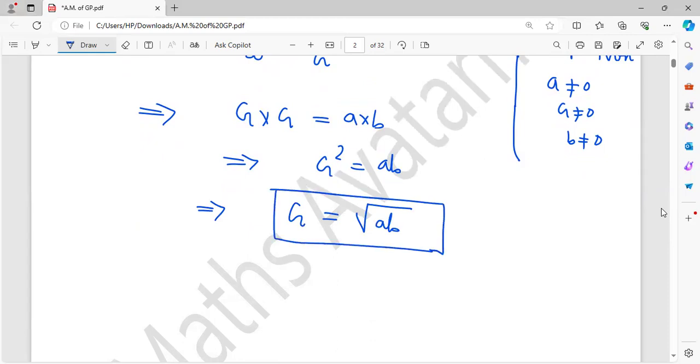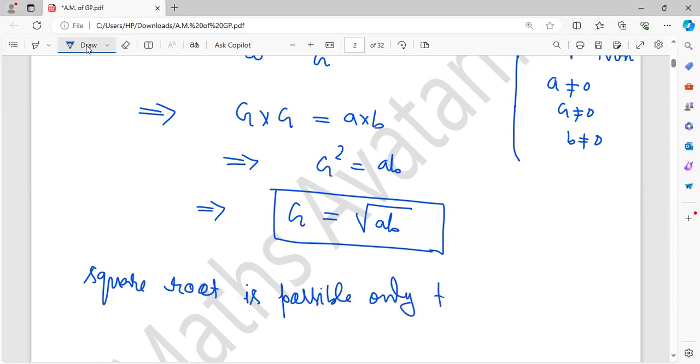Now square root is possible only in two cases.